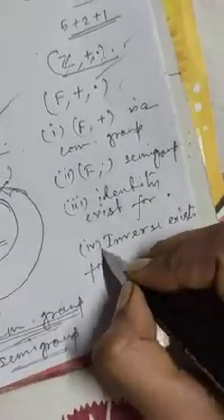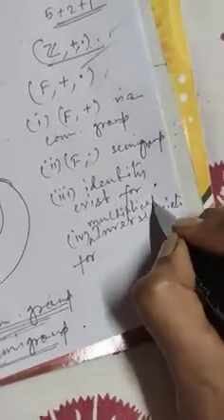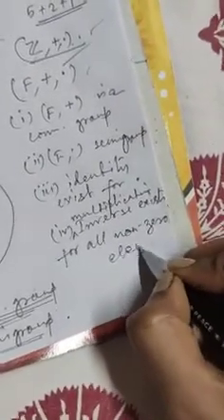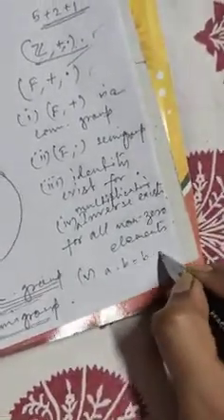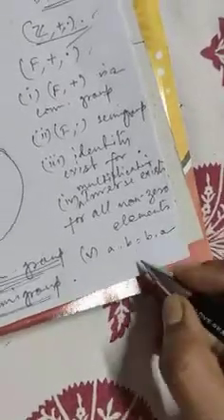Number 4, inverse exists, rather we can say multiplicative inverse exists for all non-zero elements. Number 5, A dot B equals B dot A. And number 6 is the distributive law.